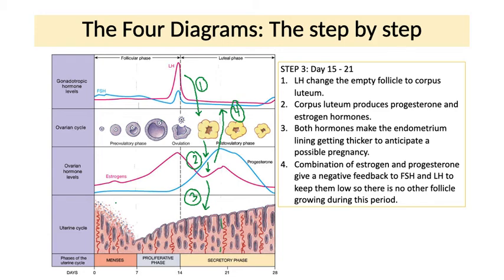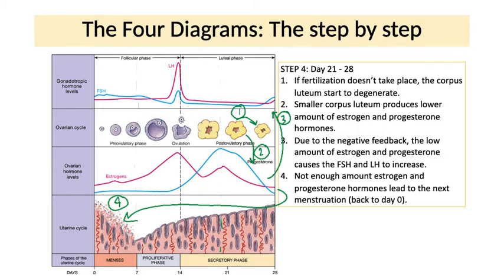Then the last step is the combination of estrogen and progesterone gives a negative feedback to FSH and LH. You can see from arrow number 4. This is to ensure that during this fertile period, there is no more new egg produced by the ovary. So there is only one possible pregnancy.